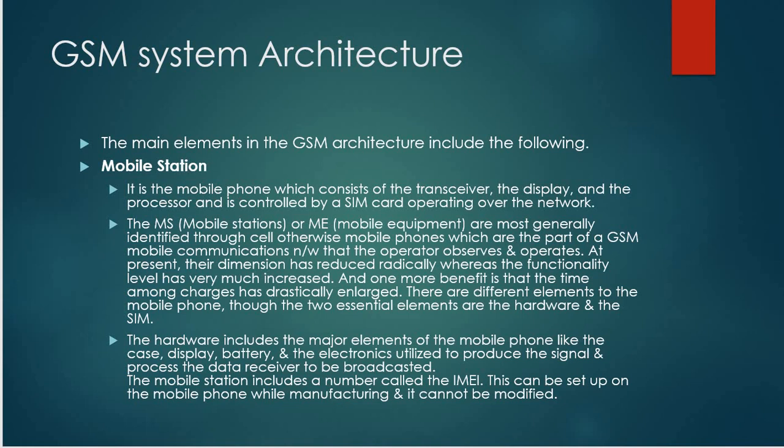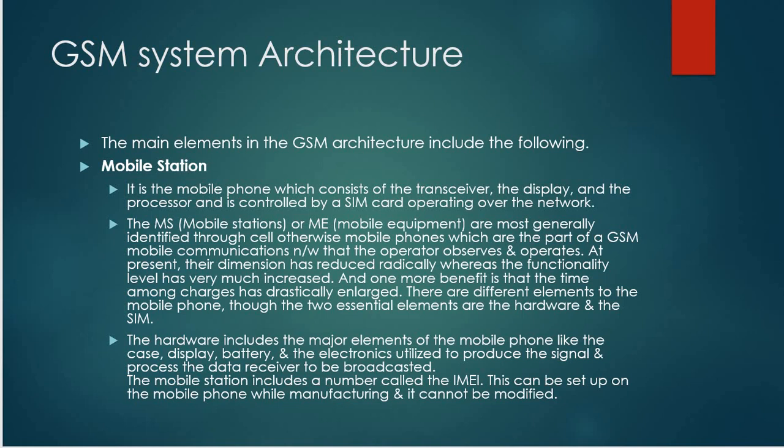Though the two essential elements are the hardware and the SIM card. So for this MS or ME, mobile station or mobile equipment, this is the part of the GSM network. Without this MS or ME, cell communications cannot happen.